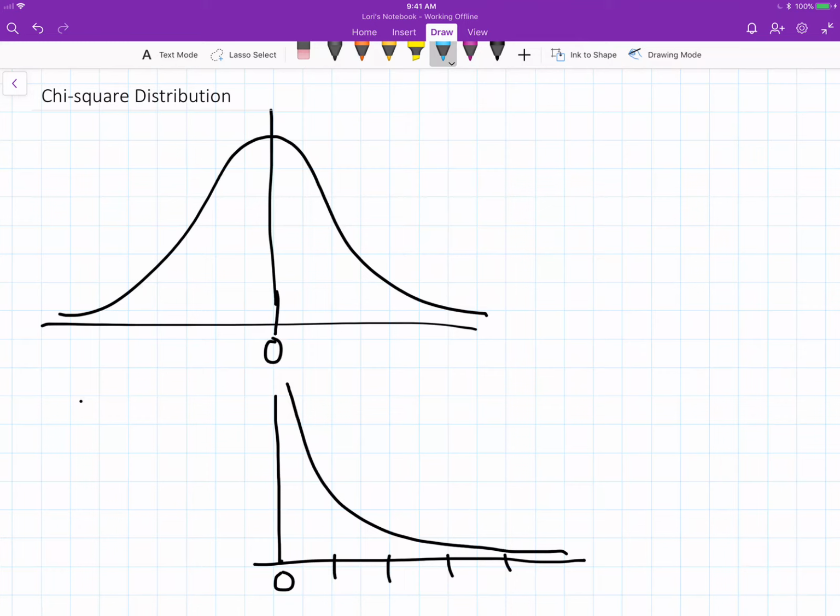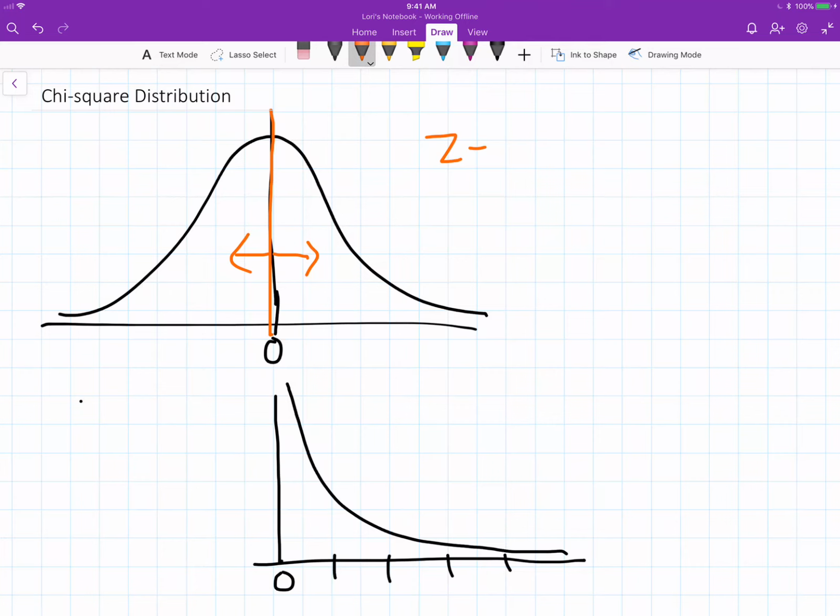As a quick reminder, you've seen the Z distribution, and it has a mean of 0, which means that half of the distribution is below 0 and half of the distribution is above 0. Its shape is symmetrical. So in other words, it's just as much below 0 as it is above 0.